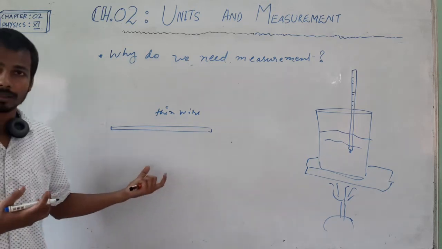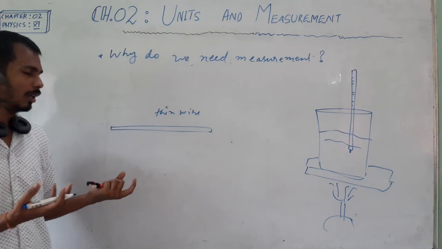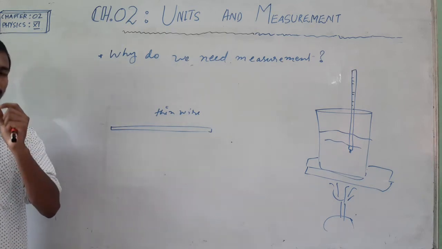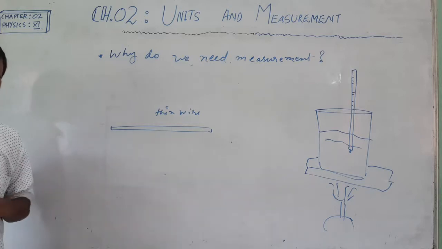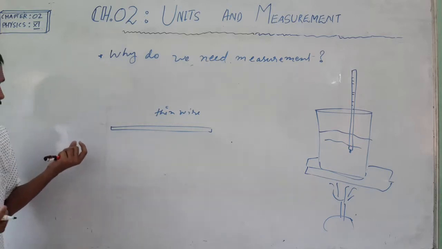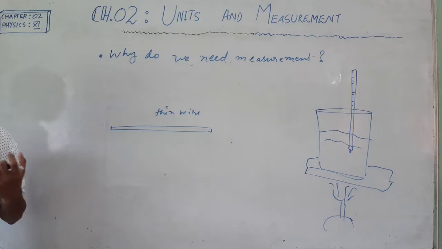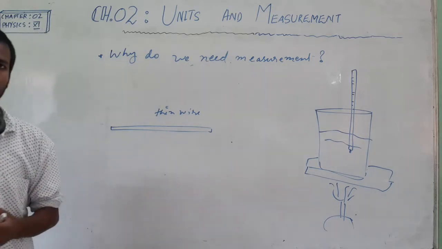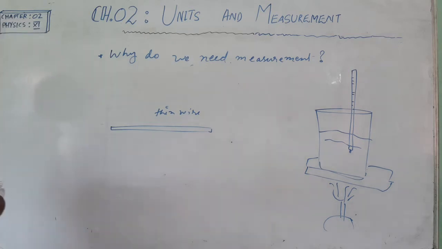You will measure. You have to use an appropriate device, say a screw gauge or a vernier caliper. In the coming classes, you will learn what a vernier caliper and screw gauge are. They are length measuring devices, and they give a precise measurement.